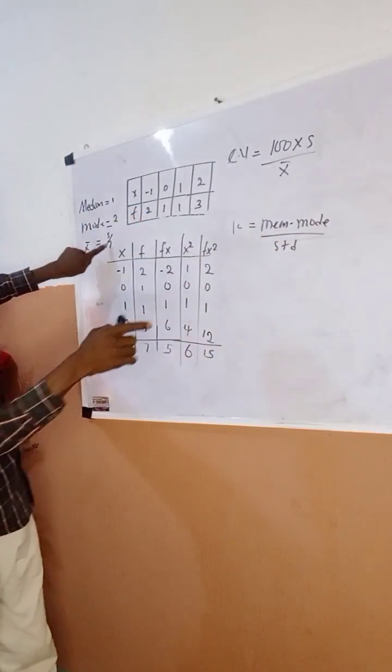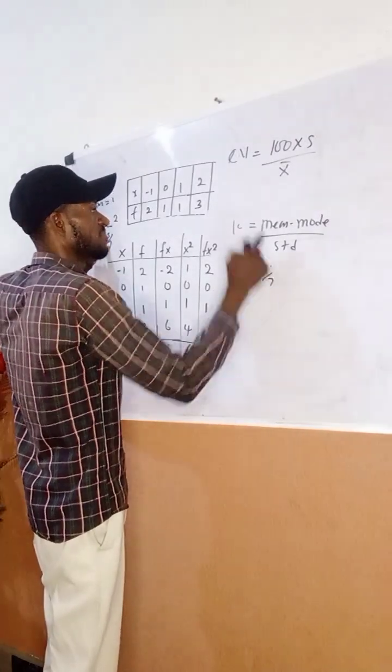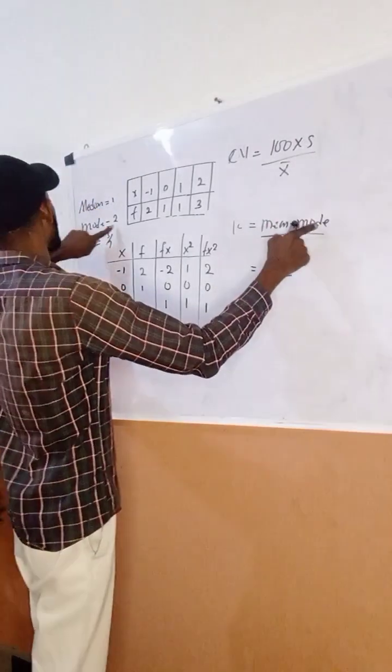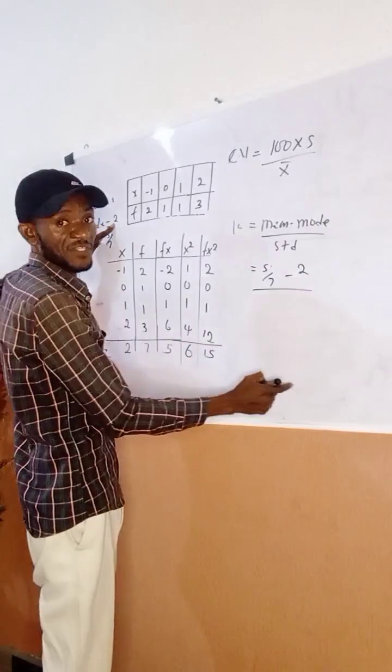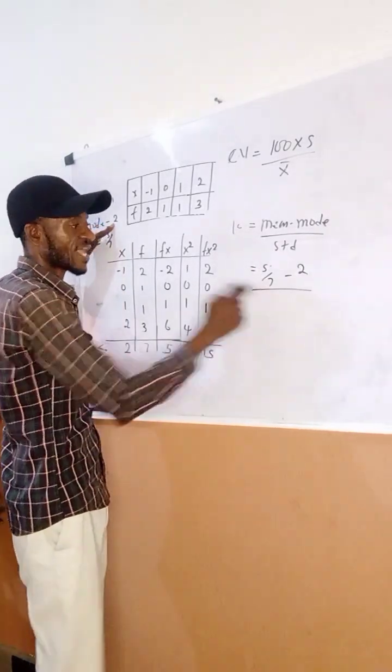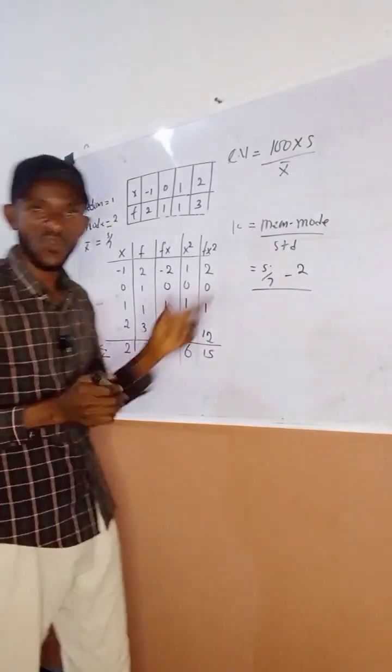Our mean is 5/7, so it becomes 5/7 minus our mode, which is 2, all over whatever value of standard deviation we got. Whatever you get becomes the coefficient of skewness.